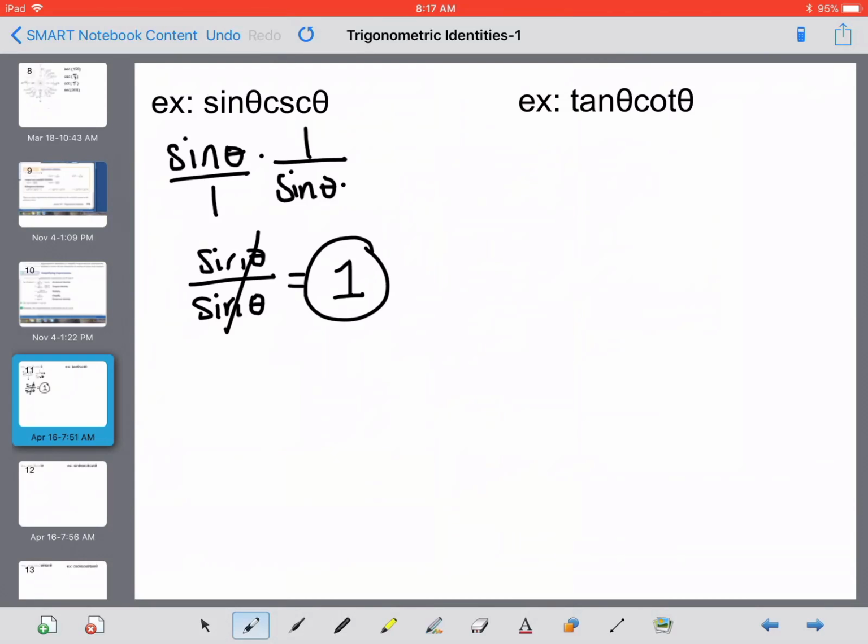Simple, hopefully. The next example is tan theta cotangent. Tan, remember, is sine over cosine, and cotangent is cosine over sine.